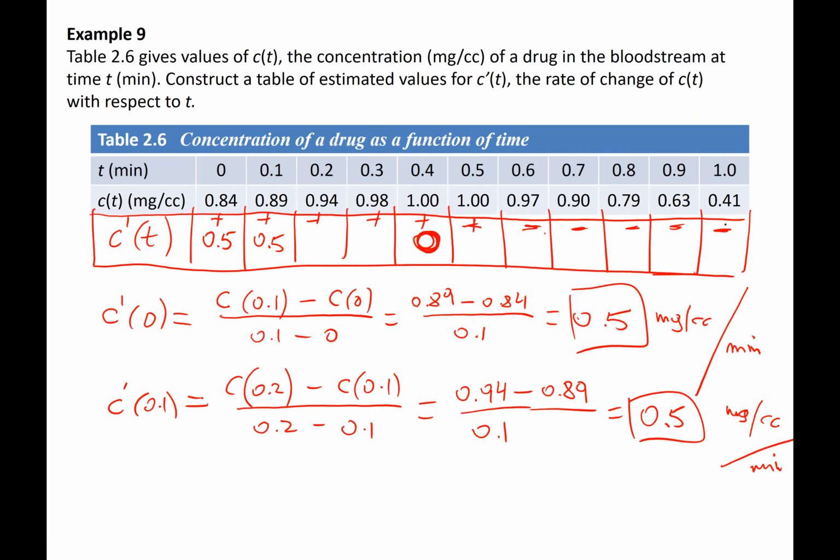We can compute maybe one of them, maybe C prime at, which one? At 0.7. Let's see if we can get negative. I will get the value at 0.8 minus the value at 0.7, and the difference.